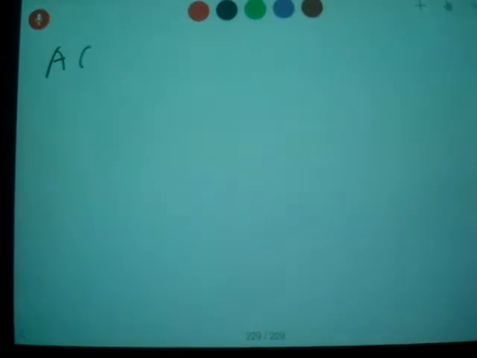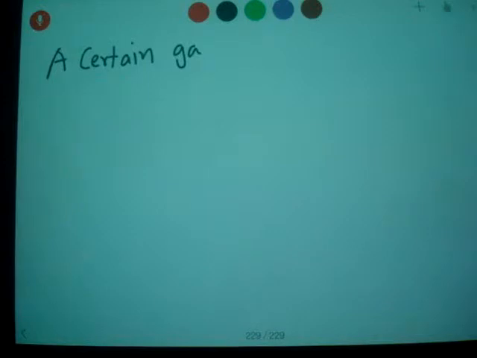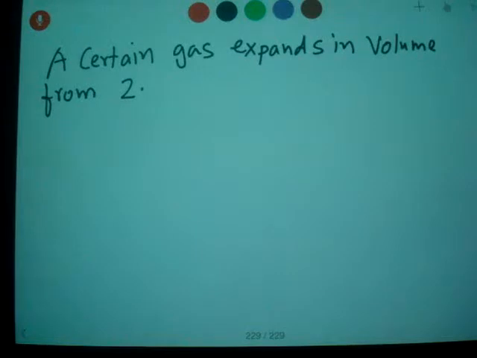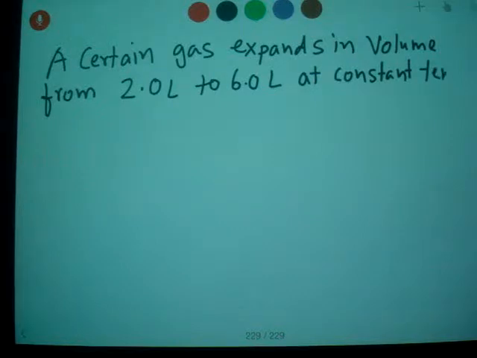A certain gas expands in volume from 2 liter to 6 liter at constant temperature.